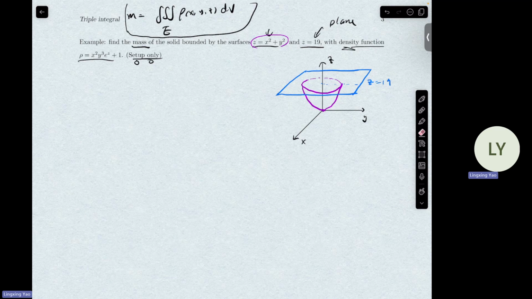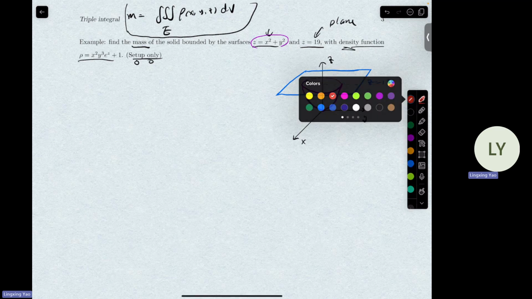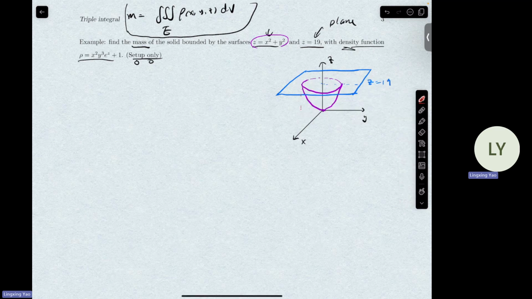If you do the projection, I would imagine the projection will be a disk like this, and that projection is exactly projected from here.